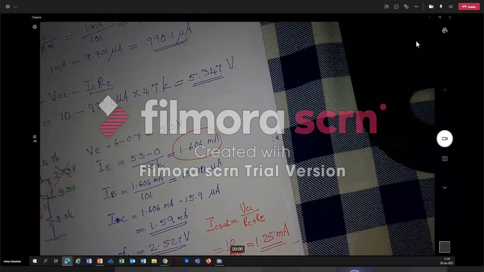It can be any, it can be more than 0.3, then there is no problem. Then it is saturation.